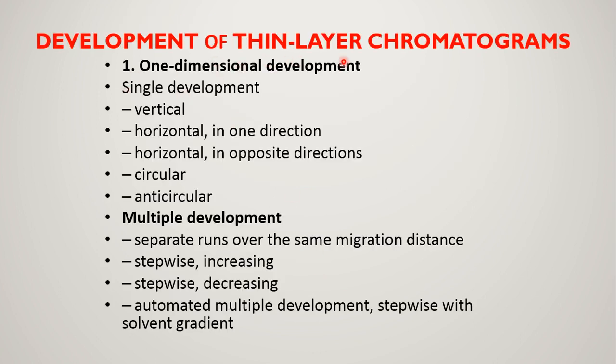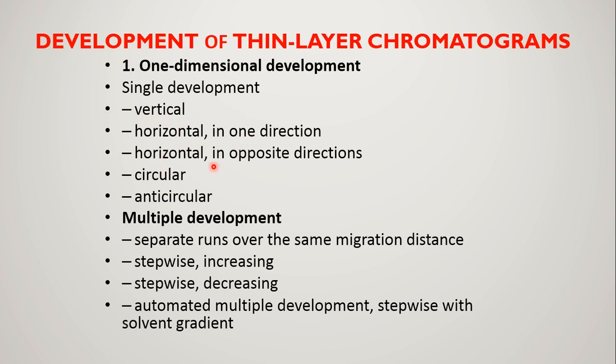Now these are the development methods of thin layer chromatograms. One dimensional development is the most highly used, where only a single run or single development is used to separate all the components present in our sample. This is one type of vertical. Here, vertical, horizontal, one directional, horizontal in opposite directions, circular or anti-circular can be used.